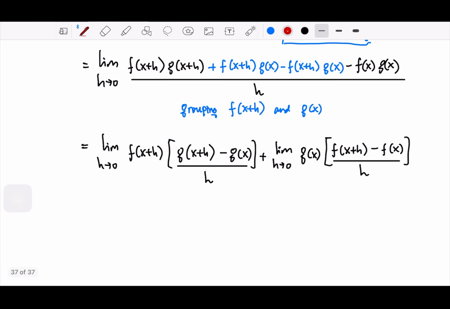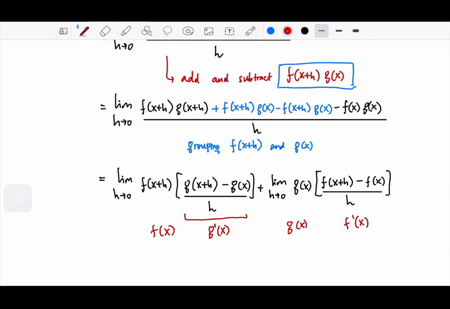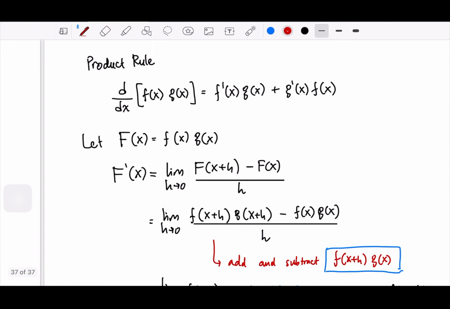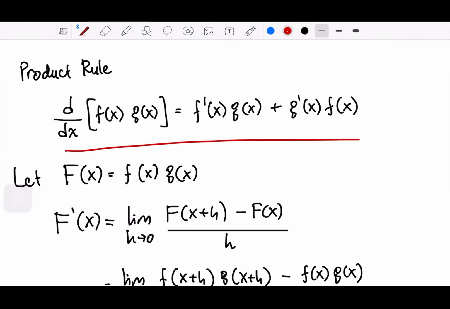these terms will be g prime of x. This is just f of x. This is g of x, and this is f prime of x, which gives the statement of the product rule that we wrote at the beginning.